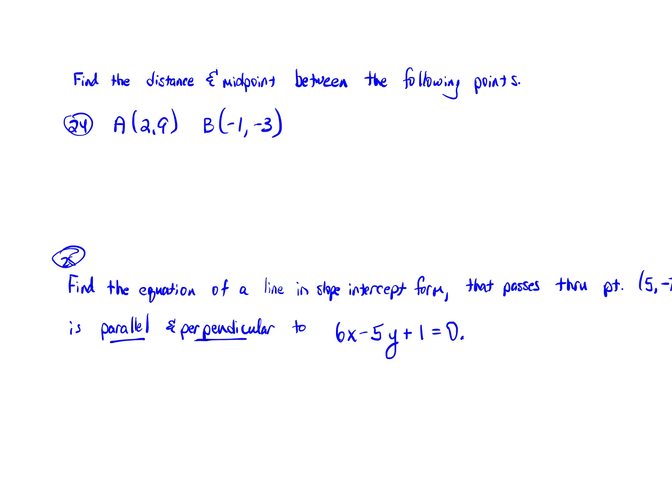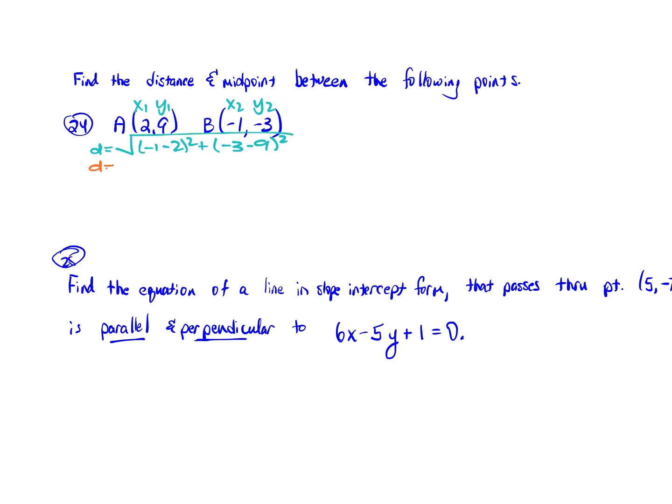So to find your distance, I'm going to label A as x1, y1, B as x2, y2. To find the distance, it's going to be the square root of x2, so negative 1, minus x1, which is 2 squared, plus y2, which is negative 3, minus y1, which is 9 squared.